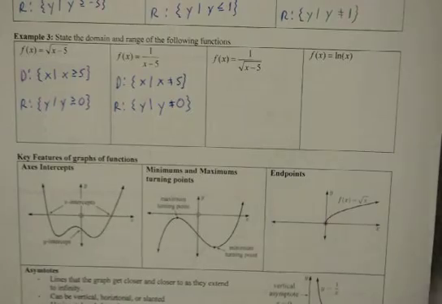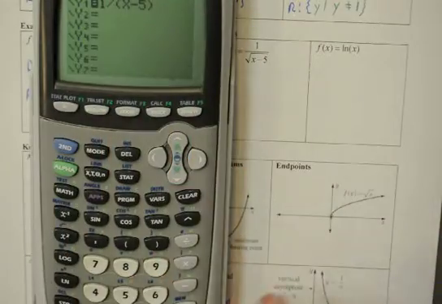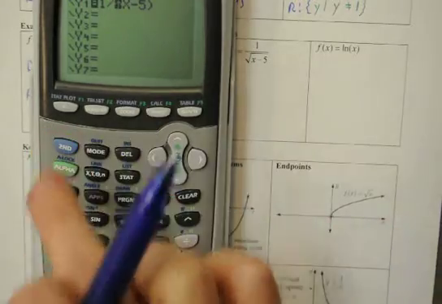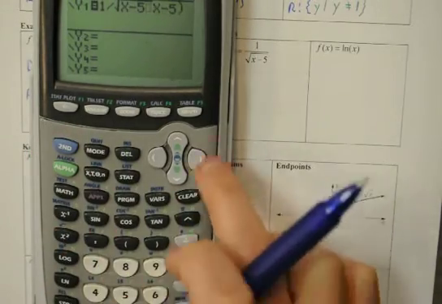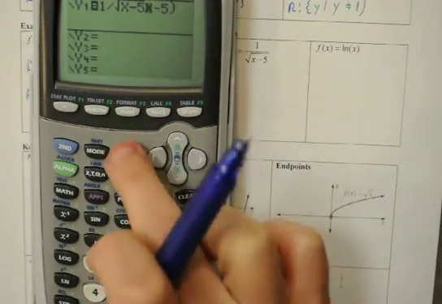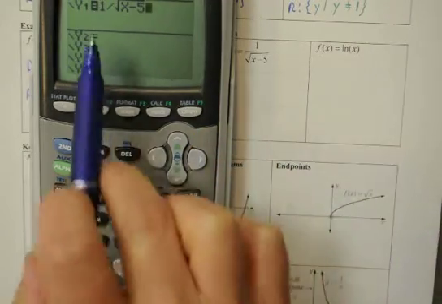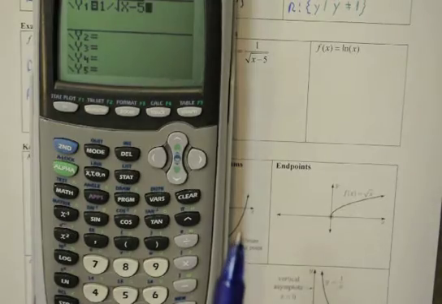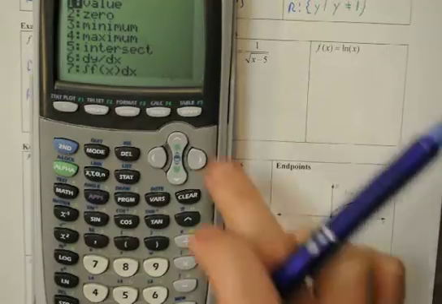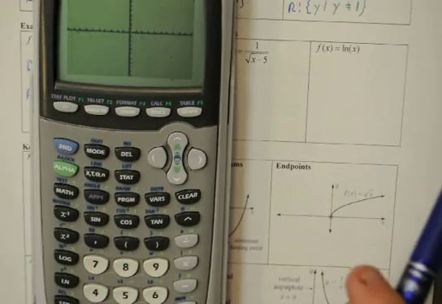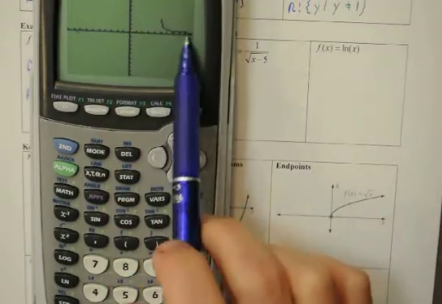Okay, do the next one. This is 1 over the square root of X minus 5. And this one, our calculator's not going to do us justice all that much.